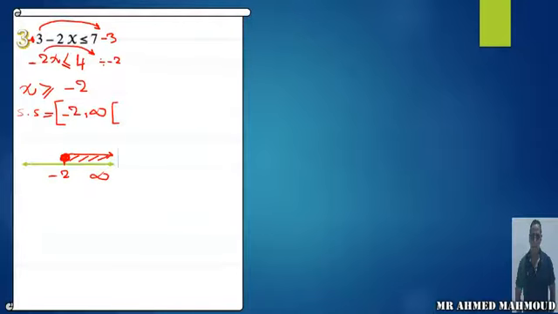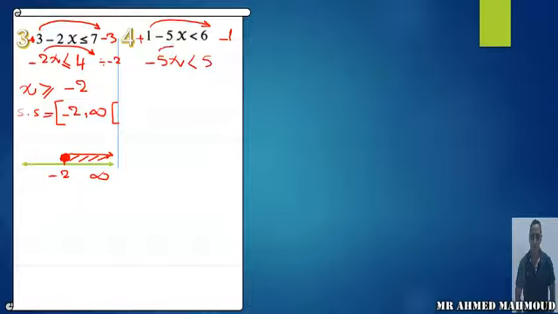Okay, the next one, number 4. 1 minus 5x less than 6. Here I have positive 1. I will send positive 1 as minus 1. It will be negative 5x less than 5.